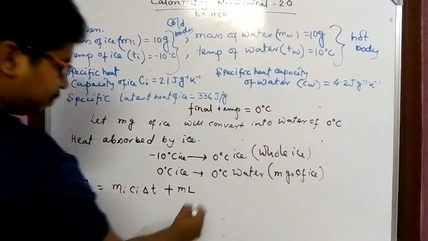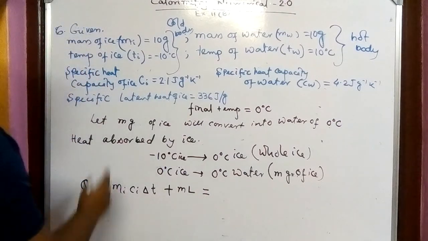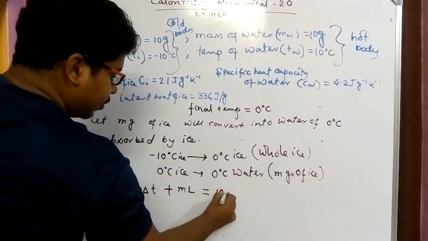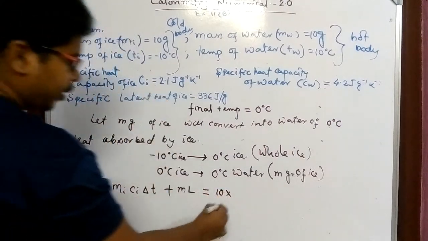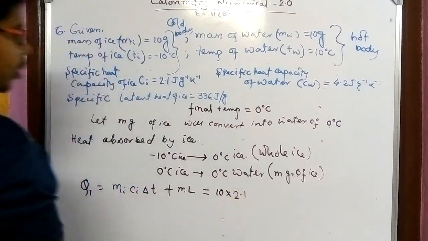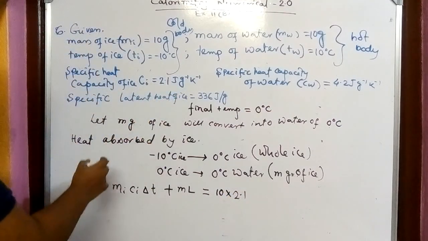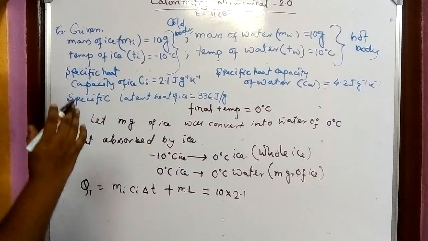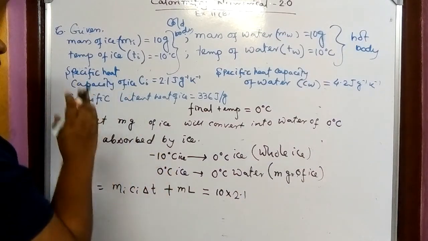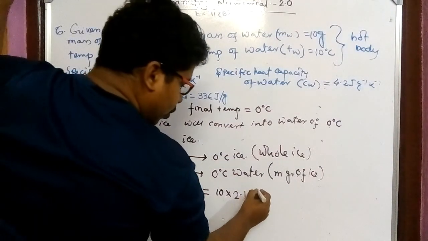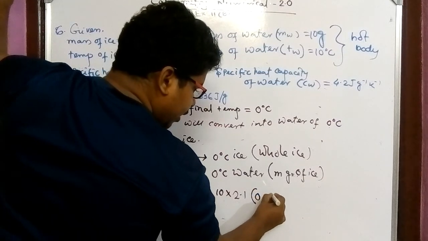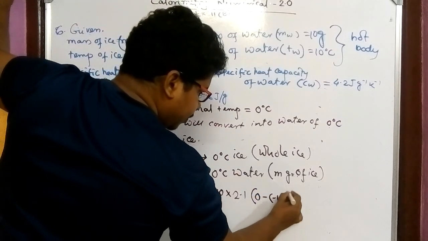Now put the value. M_i, what is the value? 10 gram into the value of C_i, 2.1, and then the temperature difference, where it goes from minus 10 degree to 0, so we can write 0 minus of minus 10.